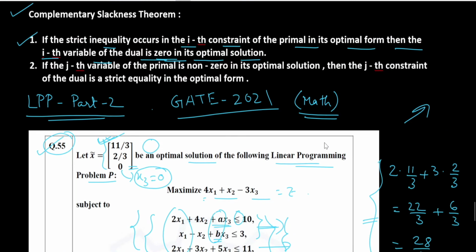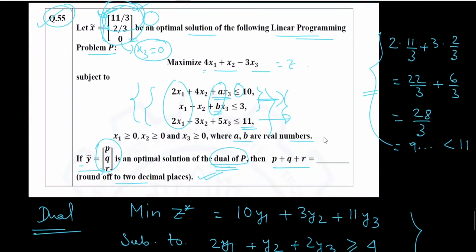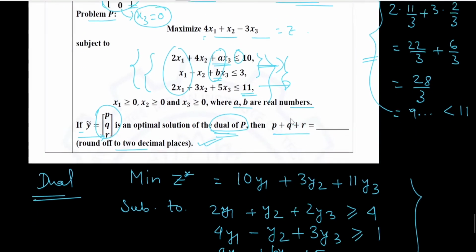If the jth variable of the primal is non-zero in its optimal solution, that means the first and the second variables are non-zero, then the jth constraint of the dual is a strict equality in the optimal form. That is, if these two are non-zero, then the first two inequalities convert to equality.